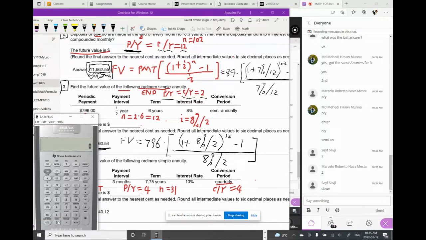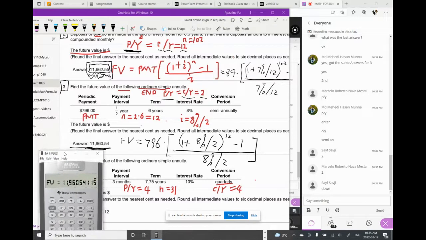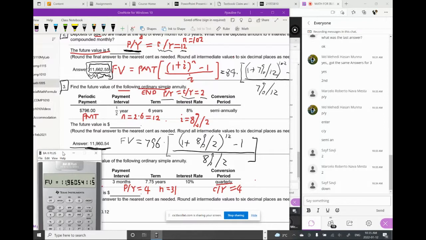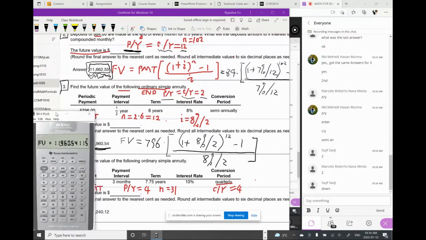Do not forget 0 is PV as precaution to clear any previous entries. Last step, compute FV. Woohoo! I got the correct answer, guys. See? $11,960.54. This is my answer from calculator.